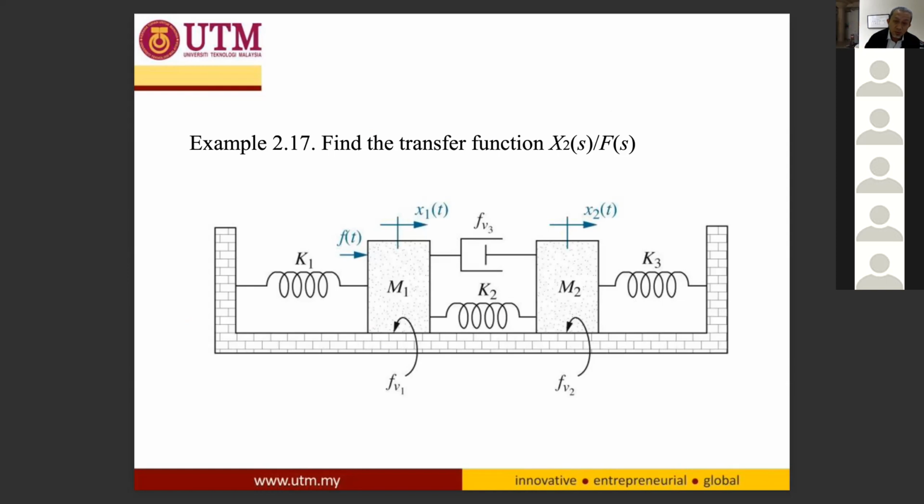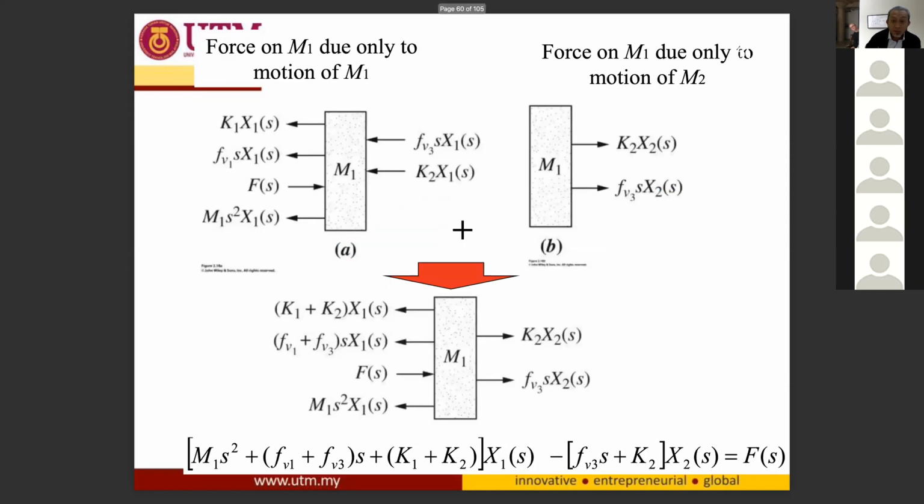It is negative because it goes from right to left. Previously it was on the right.